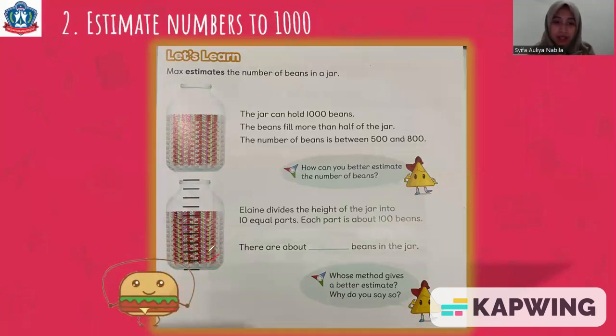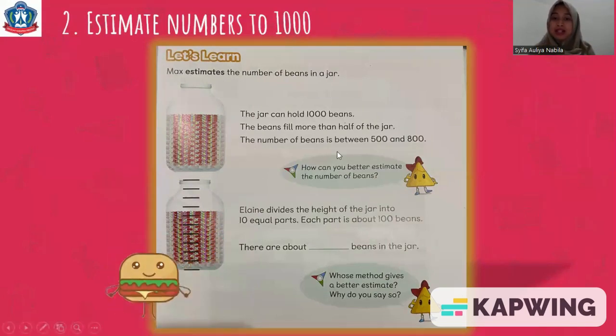So let's count together again. 10, 20, 30, 40, 50, 60, and 70. 60 and 70 here, right? Okay, so because the number of beans is between 60 and 70, there are about 65 beans in the jar.